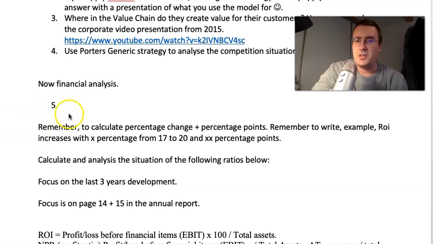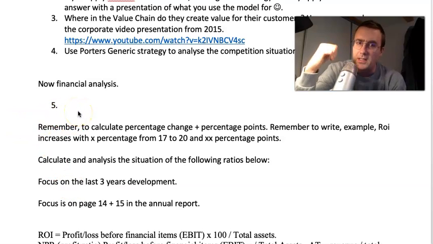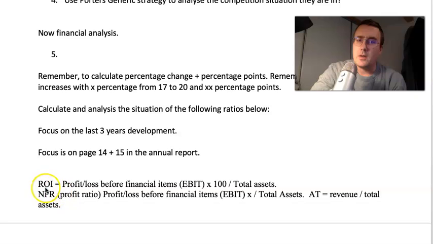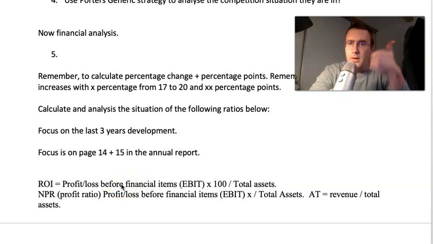Next is the financial analysis. In the financial analysis, I want you to focus on the ratios I present here: return on investment, profit ratio, net profit ratio, and asset turnover. These ratios are important, and it's important to do first percentage change, then percentage points.